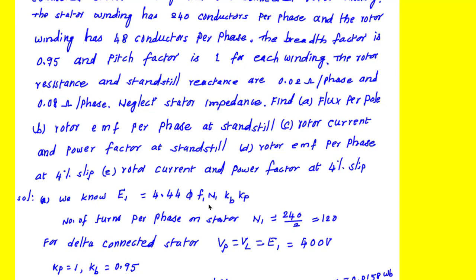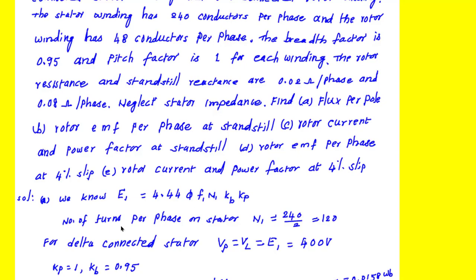Here F1 is the supply frequency, N1 is the number of turns per phase on the stator, KB is the breadth factor of the winding, Kp is the pitch factor of the winding, and phi is the flux.